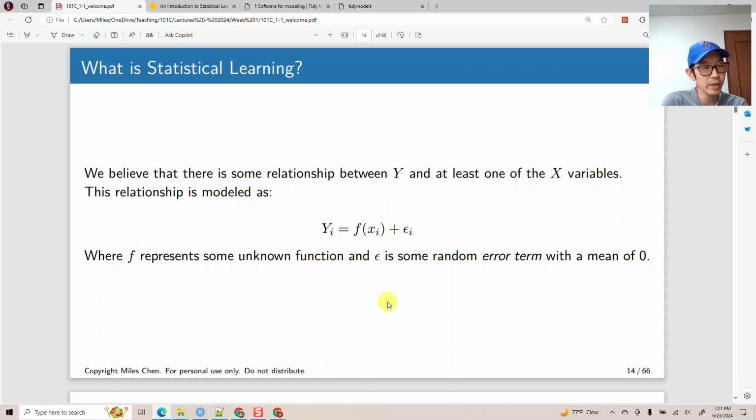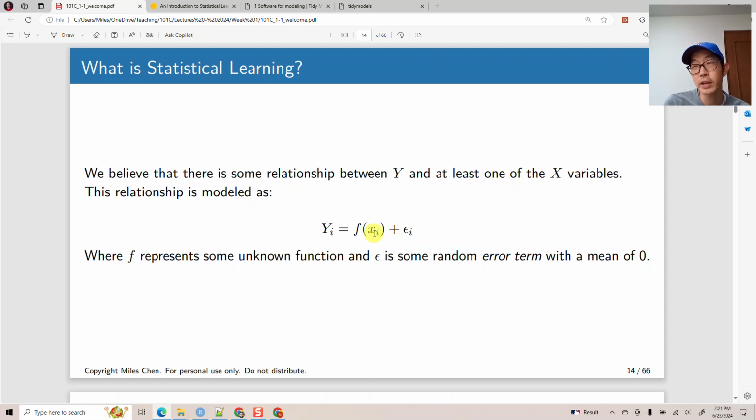We are saying that there's some kind of relationship between the output variable y and the input variables, at least one of the input variables x. And so there is some function that relates the inputs.